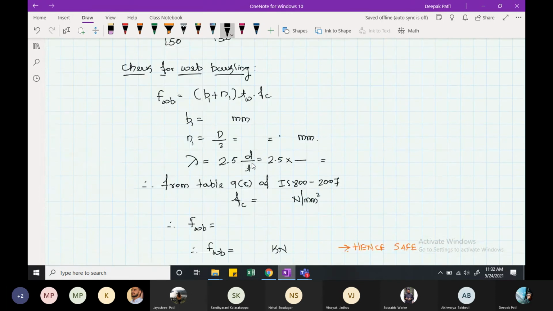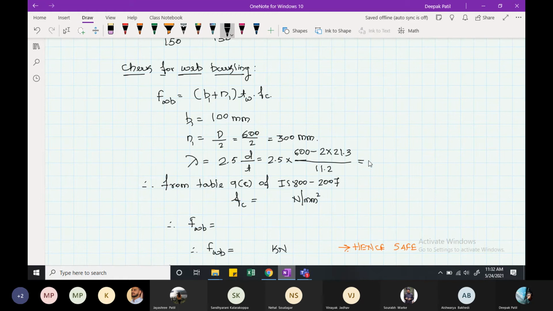Then you have to come for web buckling. I told you B1, which is actually given in the problem statement itself, which is equal to 100 mm. N1 is actually D by 2, where D is the total depth of the section. So this is 600 divided by 2, which is 300. Then lambda is 2.5 times D over T, where D is 600 minus 2 times 21.3, and T is the thickness of the web, which is 11.2.